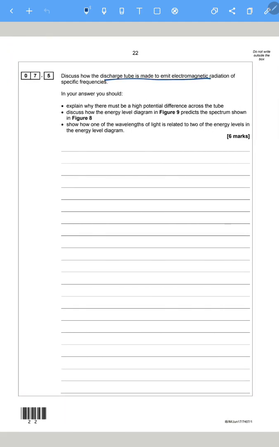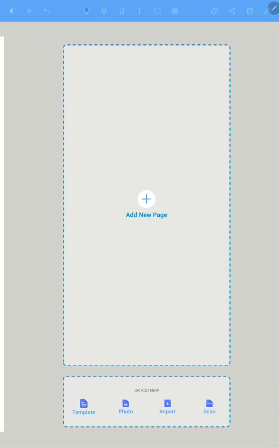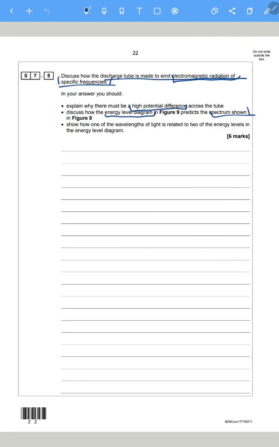Discuss how discharge tubes are made to emit electromagnetic radiation of specific frequencies. Explain how there's a high potential difference across the tube. Discuss how the energy level diagram predicts the spectrum shown in figure 8, and show how one wavelength of light is related. So I honestly don't have a clue.